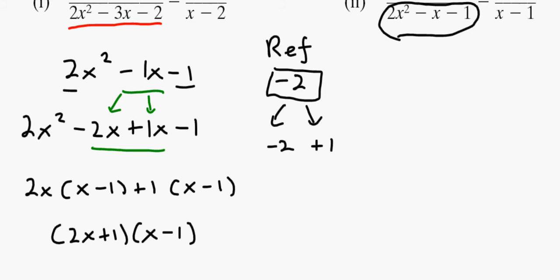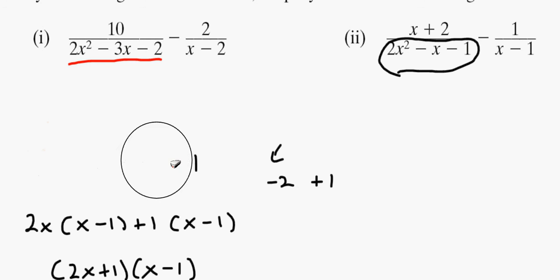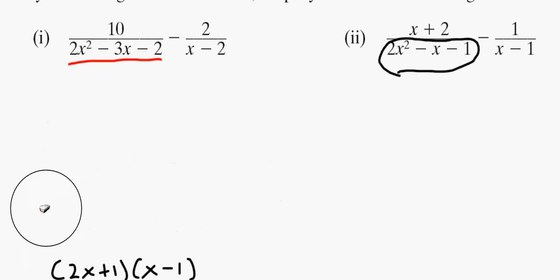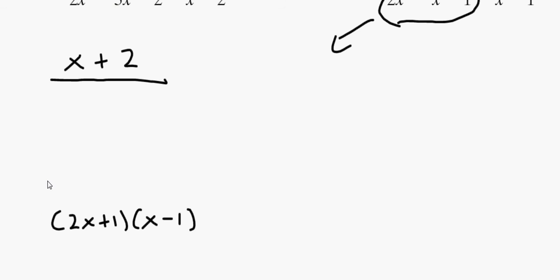Now, with this in mind, we're going to replace this. We're going to do this question here. This question here is the one we're doing. We're going to write down x plus 2, and our answer from the last question, our answer from the reference number, is its new denominator.